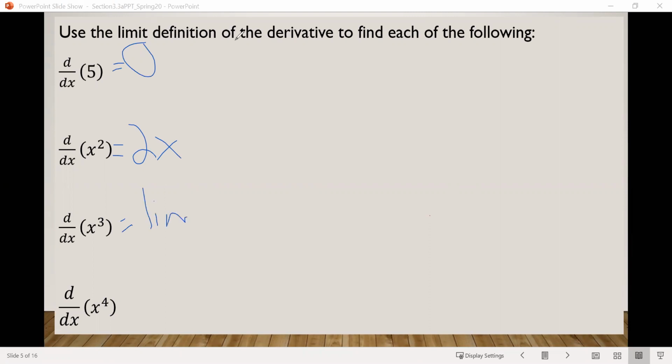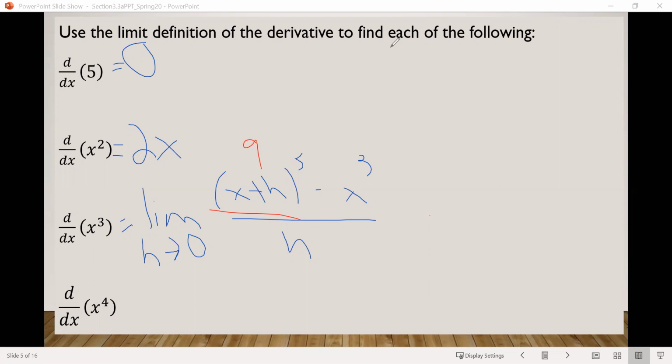So here we would have the limit as h approaches 0. Now we're plugging in x plus h here, so (x plus h) cubed minus x cubed all over h. We would need to then multiply out this part, this (x plus h) cubed, and a little trick for how to do that.